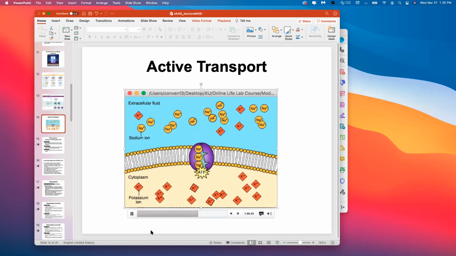ATP transfers a phosphate group to the protein, providing the energy that causes the protein to change shape and to push the sodium ions across the membrane, where they are released outside the cell. The potassium ions now bind to the transport protein, and then the phosphate group is released. This causes the protein to return to its original shape, releasing the potassium ions inside the cell. The transport protein is now ready to repeat the process.